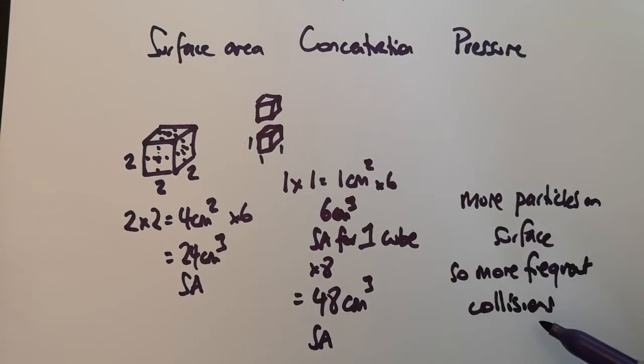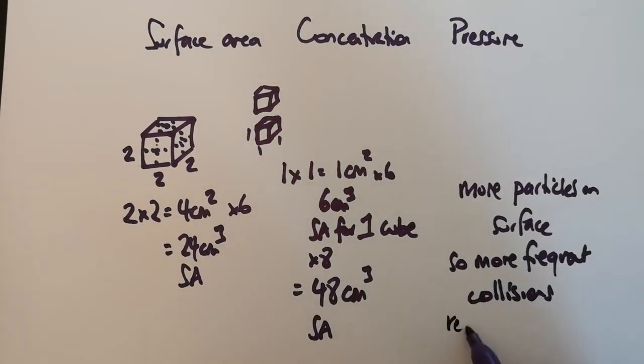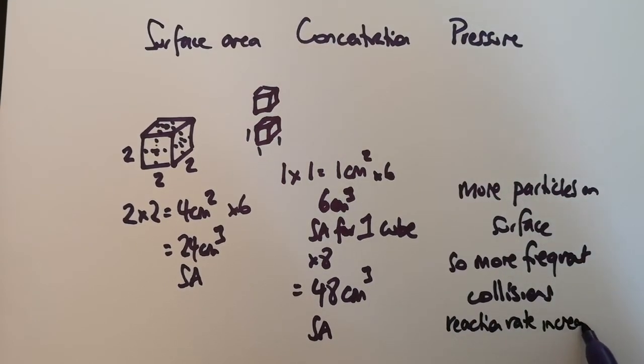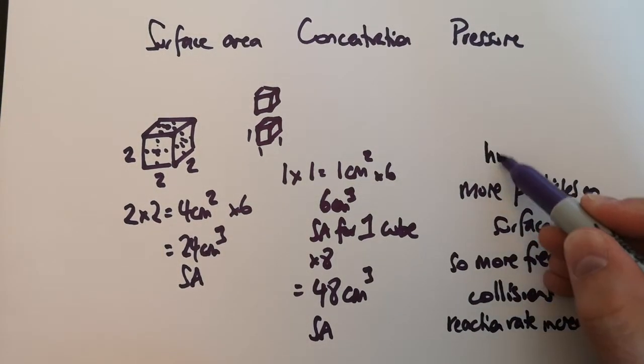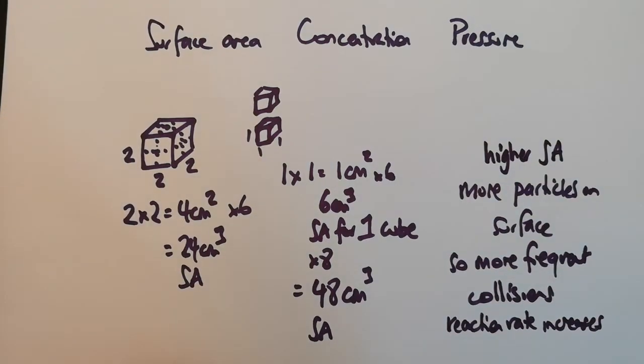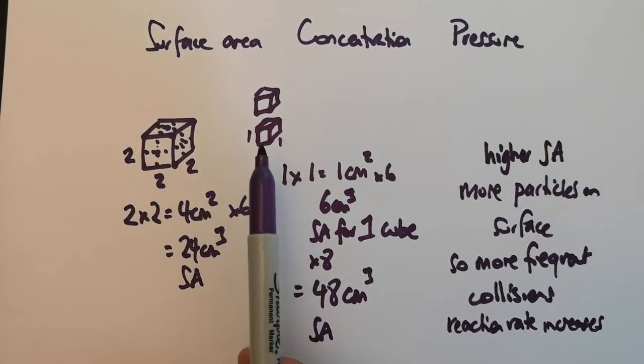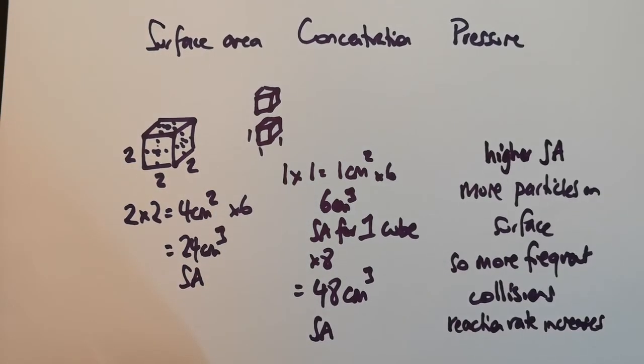We don't just say more collisions, we say more frequent collisions. If there's more frequent collisions, the reaction rate increases. Okay, and that is with a higher surface area, which remember is the smaller particles. Presuming there's the same amount of mass, the smaller particles have the higher surface area. That's commonly mixed up.